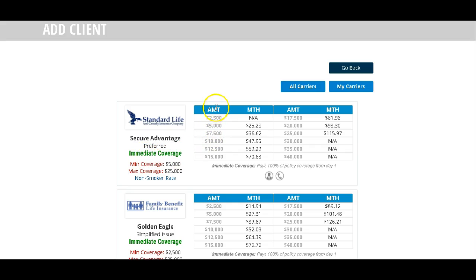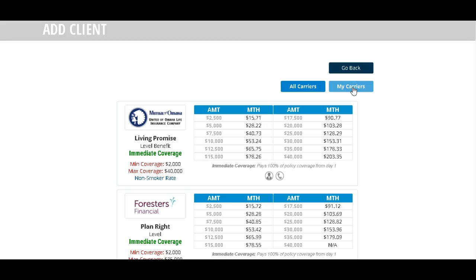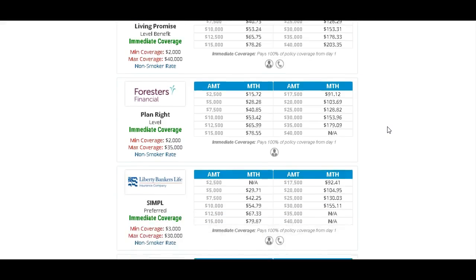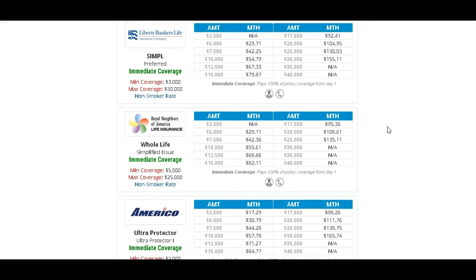You'll notice over here it gives the amount from $2,500 to $25,000 with this particular carrier, and it gives the monthly premium. Okay. You can also, instead of going all carriers, click and go just to your carriers if you want to do it that way. So like my carriers. Let's say one of my carriers here is Royal Neighbors of America.